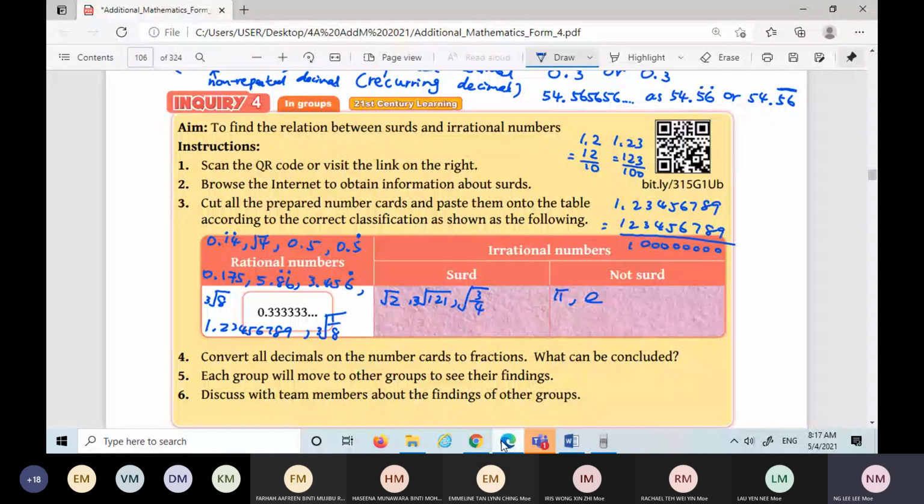Can you think twice? Why not surd? It's a surd number, because of the square root. Okay, 7/9.